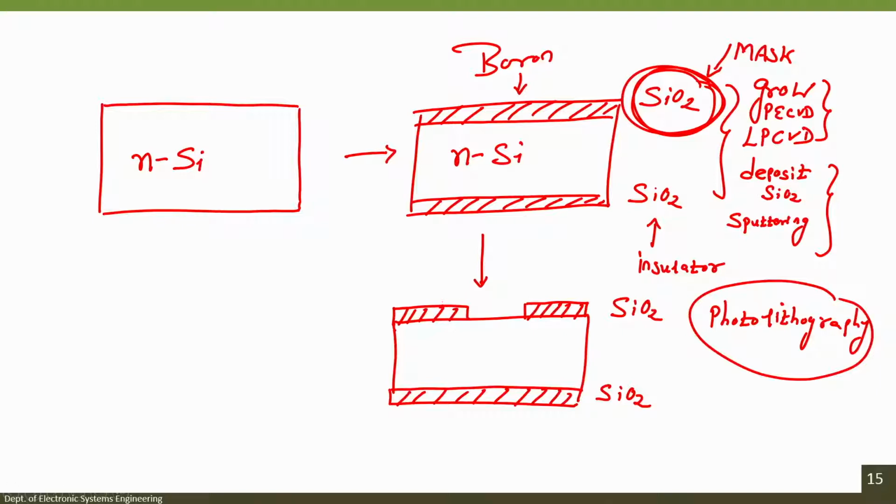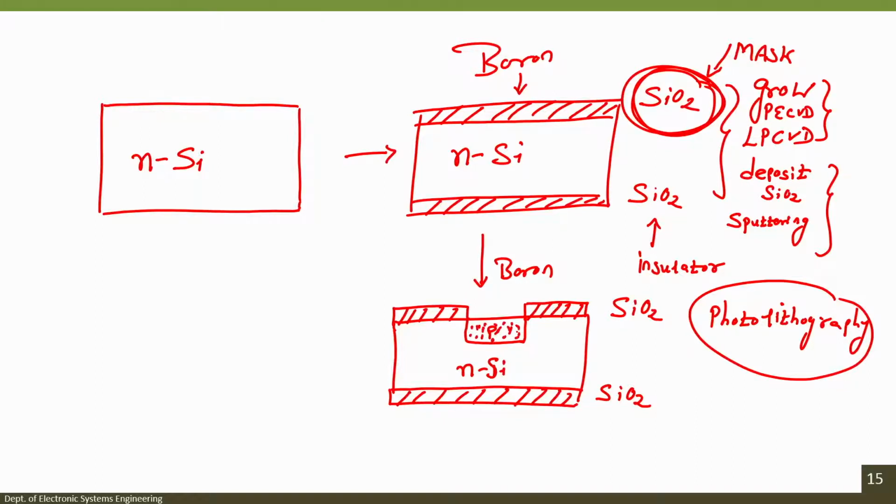Now, after creating a window, we will dope boron. If I dope boron, it will create a layer inside the n type silicon. Let us pattern it like this, so it looks like dots. Now, what will we do?